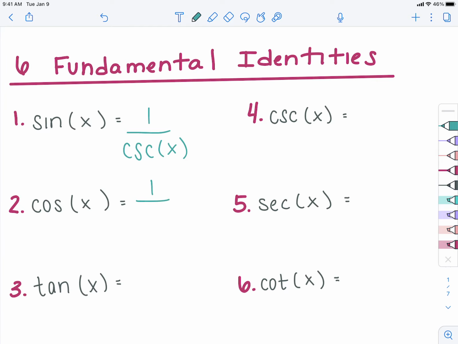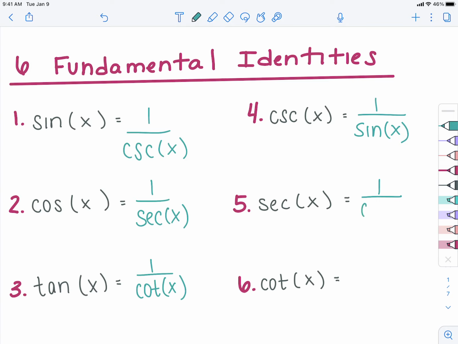Cosine is 1 over secant. Tangent is 1 over cotangent. Cosecant is 1 over sine. Secant is 1 over cosine.